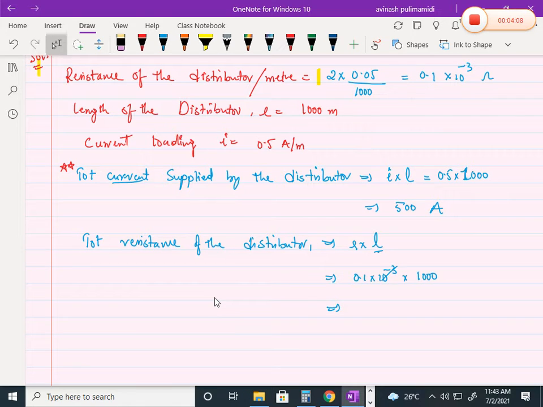Then the 10 power minus 3 and 1000 cancel, and the resistance we get is 0.1 ohms. So this will be the capital I and this will be the capital R. Let me change the ink here.